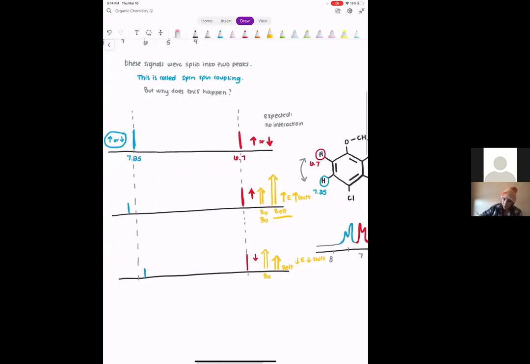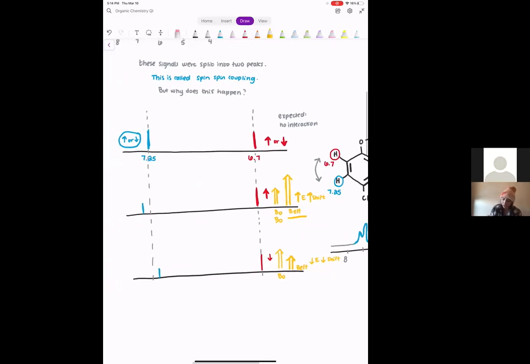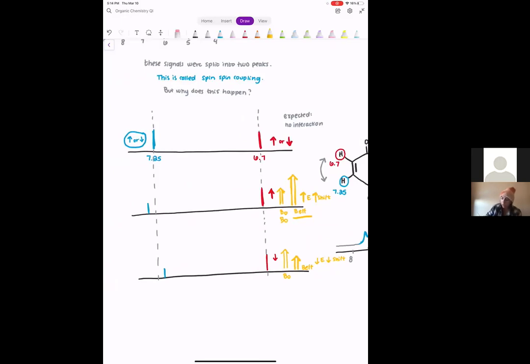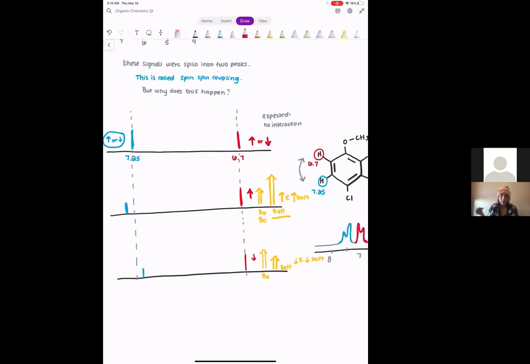So because this large effective magnetic field is being felt by this blue proton, the chemical shift is going to be much higher, and it'll shift it downfield, as you can see right here. So now we can look at the exact opposite situation.